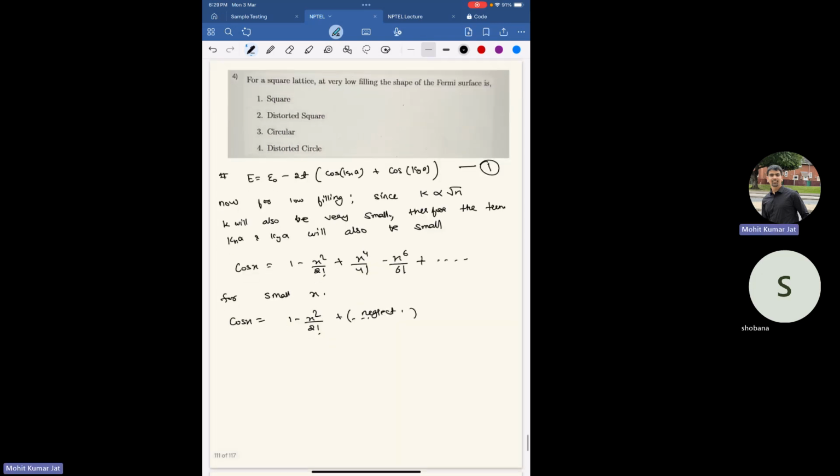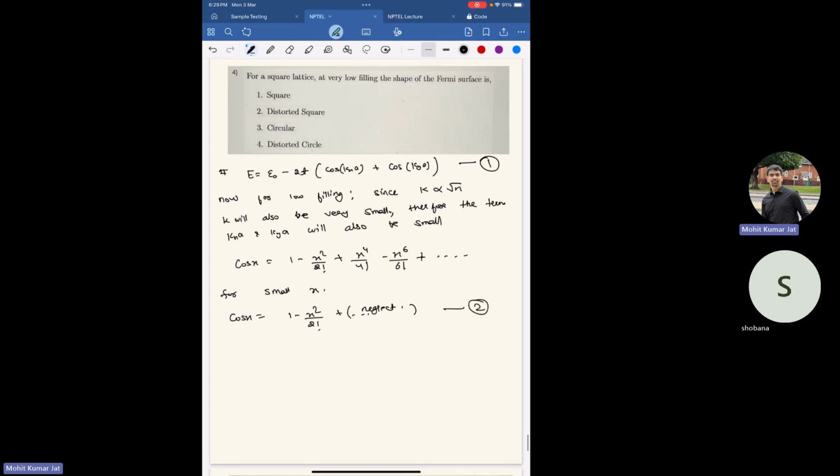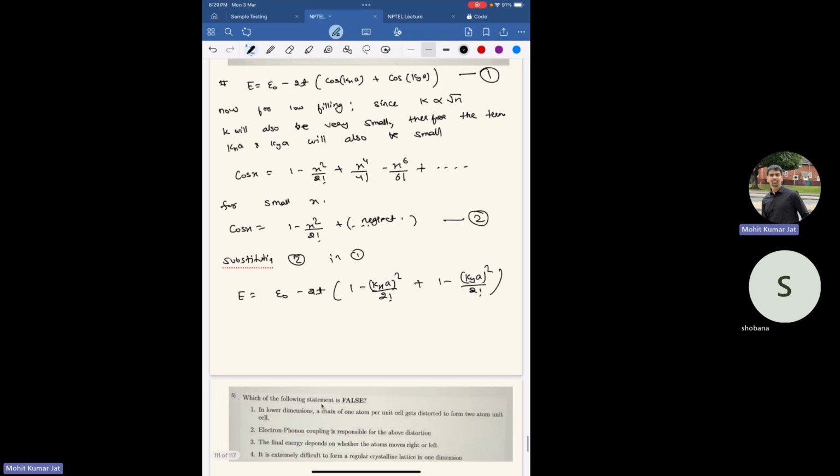Right? So if you substitute 2 in 1, what will you get? E equals epsilon naught minus 2t times cos kxa, which is 1 minus (kxa) squared upon 2 factorial, rest of the terms neglected, plus 1 minus (kya) squared upon 2 factorial, rest of the higher order terms neglected.